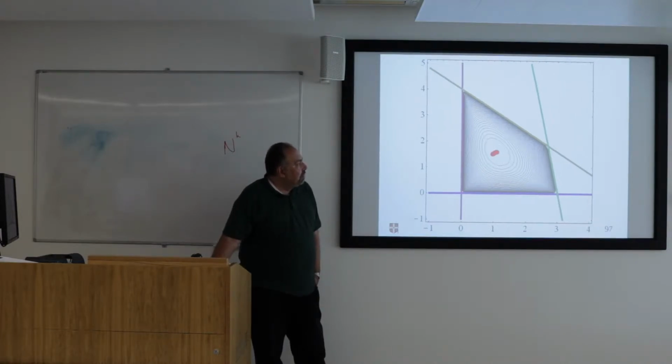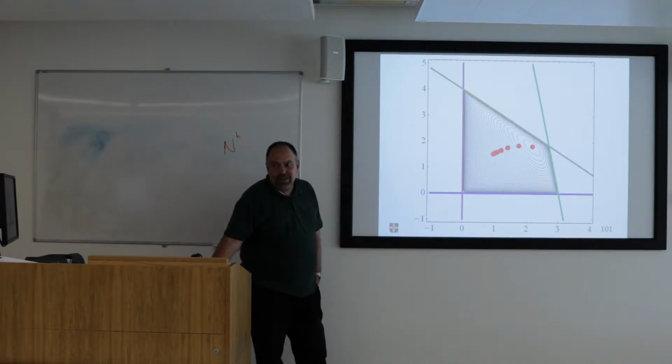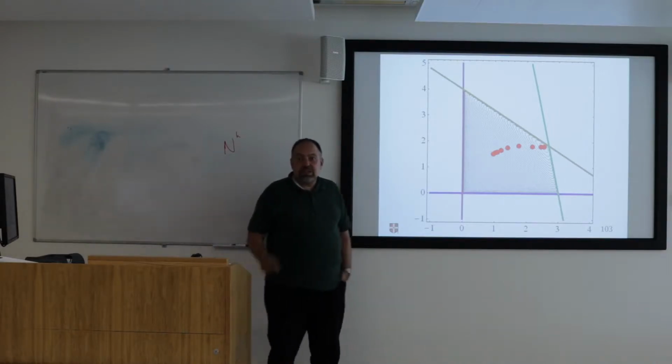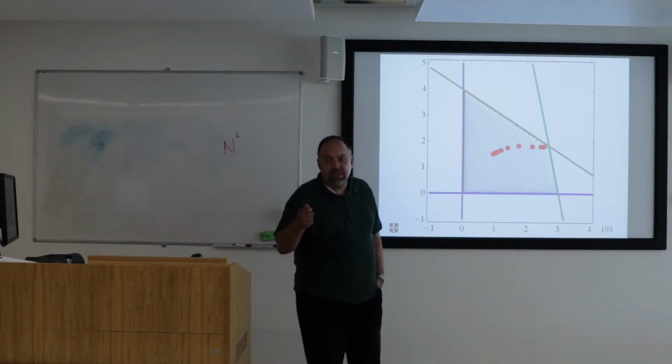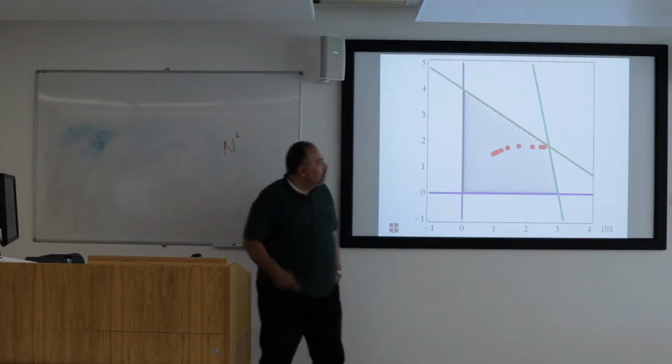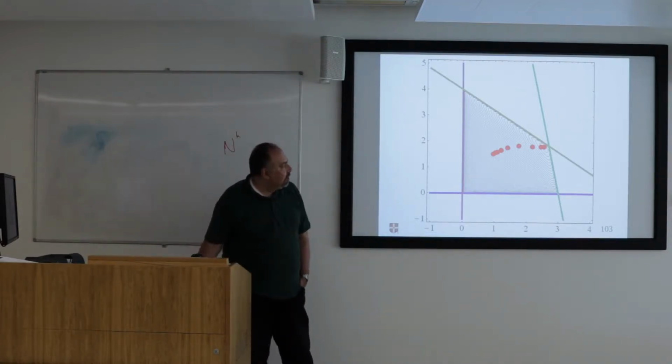Reduce it to 25, you find the next minimizer, to 12.5, and the minimizer continues to travel within the feasible region, and guess where it's going to go eventually? It's going to go there, but it's not going to touch it because the logarithms would become infinite. Okay, so you're always interior.